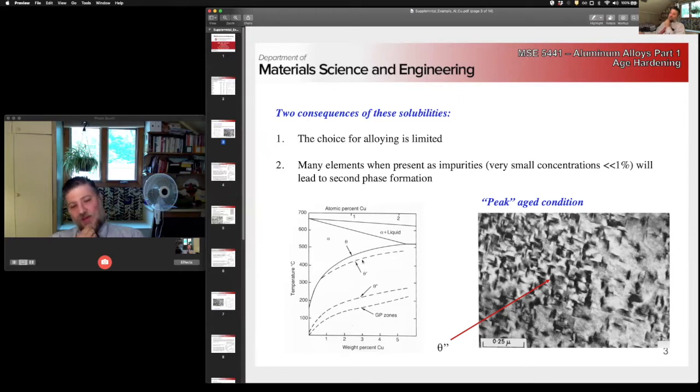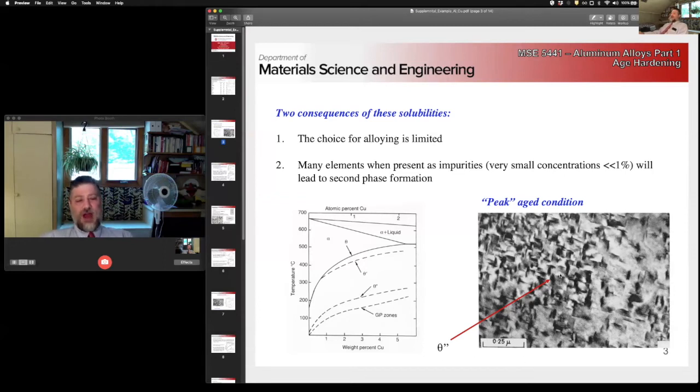But then we have all these dashed lines on here. So what are these? These are metastable phases, right? These metastable phases are actually what we want from an engineering point of view, right? We don't want the thermodynamically stable phase, and we'll talk about why we don't want it in a little bit.